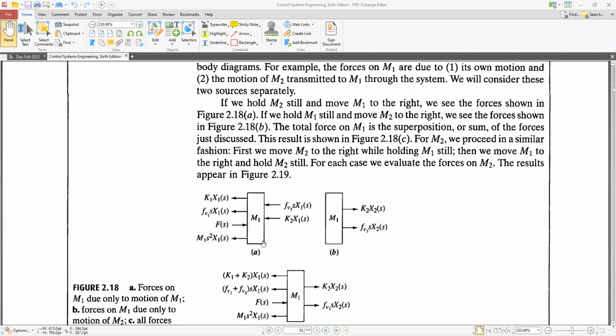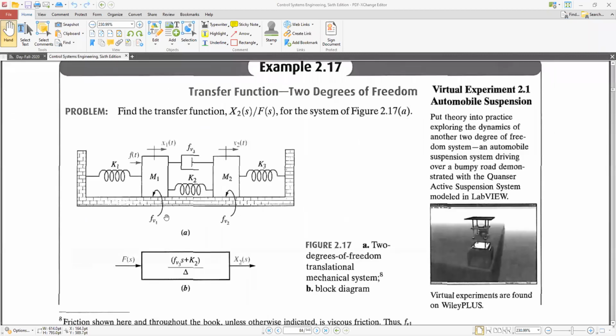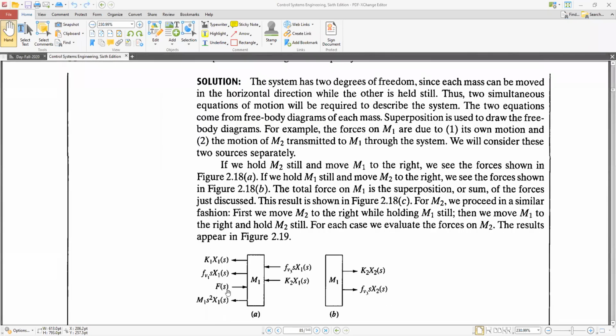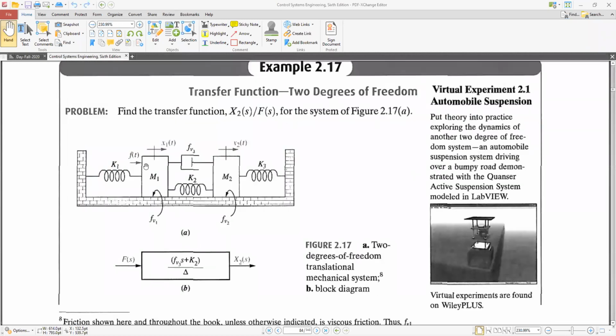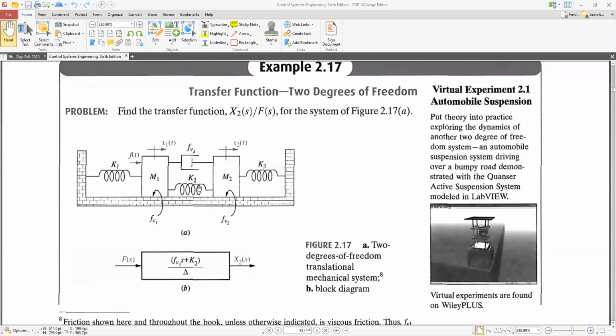For mass 1, forces on M1 due only to motion of M1: K1 X1(s), FV1 s X1(s), the force F(s) applied in the right direction, the mass itself, M1 s squared X1(s), and some other forces, K2 and FV3 s.